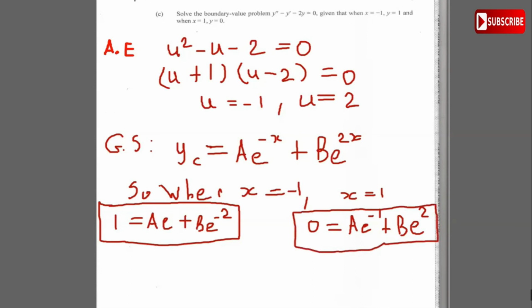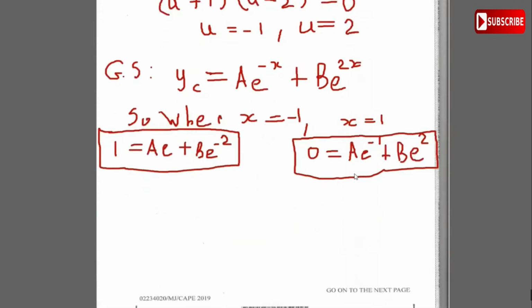All right, so to solve these two equations for A and B, let's see the easiest way to do this. The easiest way I'm seeing is to make A the subject from this one, so I can use substitution.